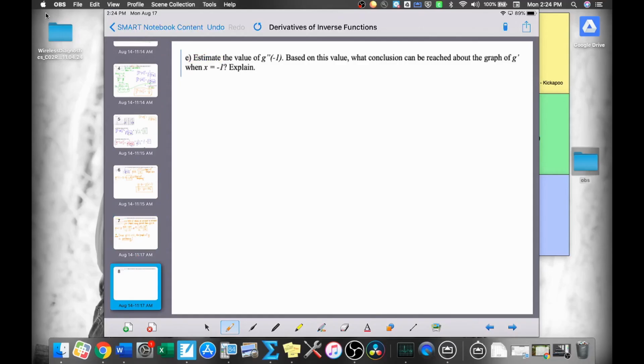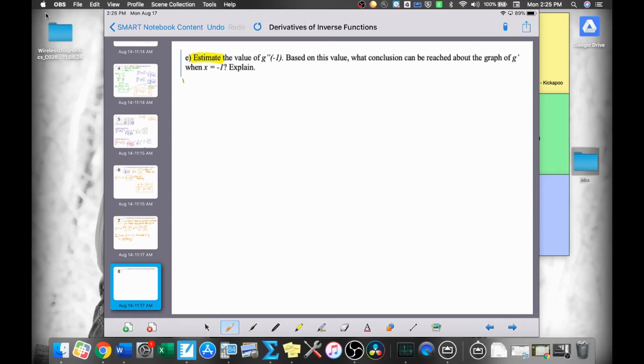Our final question, part E, asks us to do the same thing as we did in the previous problem. Estimate the value of g prime prime of negative 1. Well, we know that g prime prime is the derivative of g prime. So again, a derivative is still a slope, but this time we're finding slopes from points on g prime instead of on g. So once again, I'm going to make a little note.